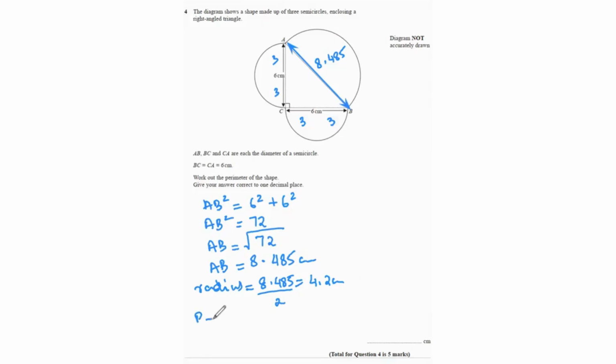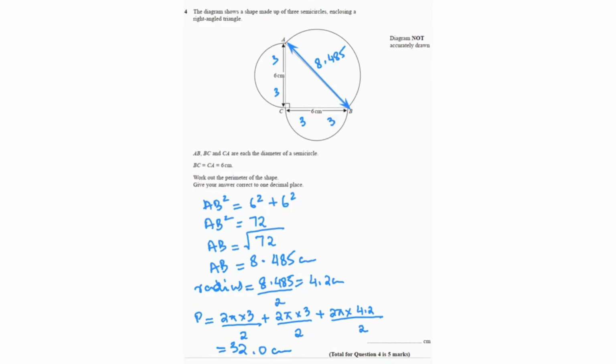So perimeter is going to be 2 pi times r over 2 plus 2 pi times r over 2 plus again 2 pi times r over 2. That is going to give us 32.0 centimeters. That is your answer, correct to one decimal place.